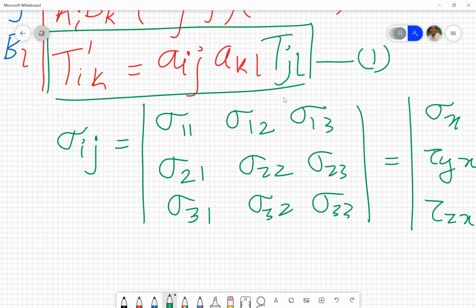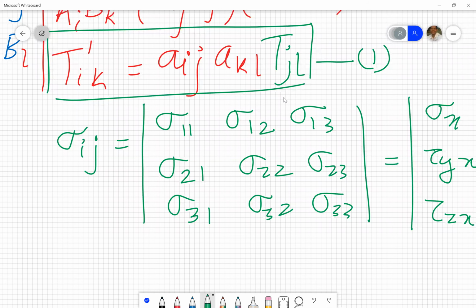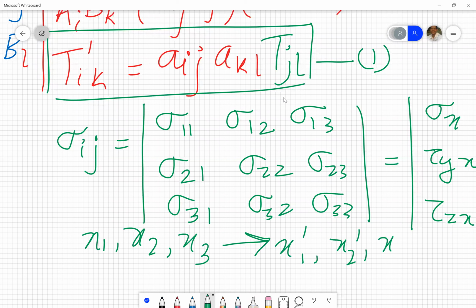What is the main aim of writing sigma 11, sigma 12, sigma 13? That means we have the axes x1, x2, and x3. If the axes are transformed to x1 dash, x2 dash, and x3 dash, how can you write this?